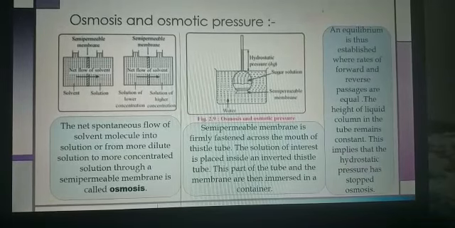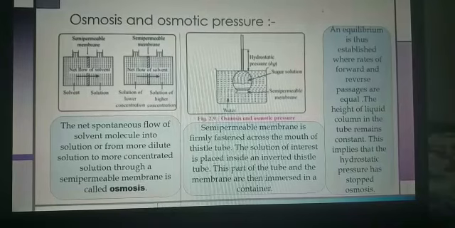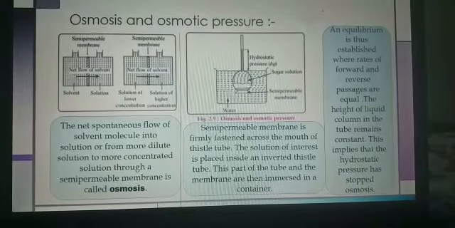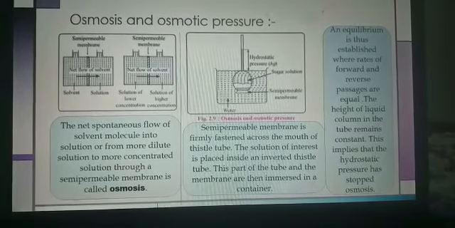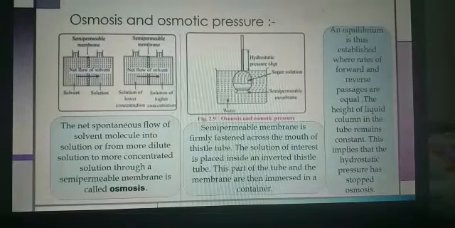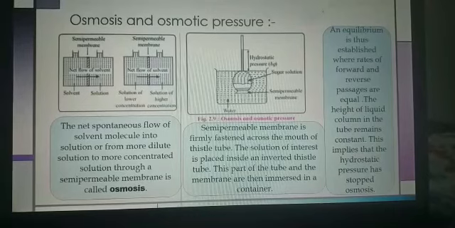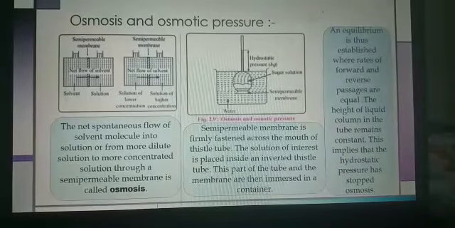Now let us go to osmosis. What is osmosis? When a solution and pure solvent, or two solutions of different concentration, are separated by a semi-permeable membrane, as we see in the diagram also, the solvent molecules pass through this membrane. One thing must be understood: the passage of solvent molecules through the semi-permeable membrane takes place in both directions.